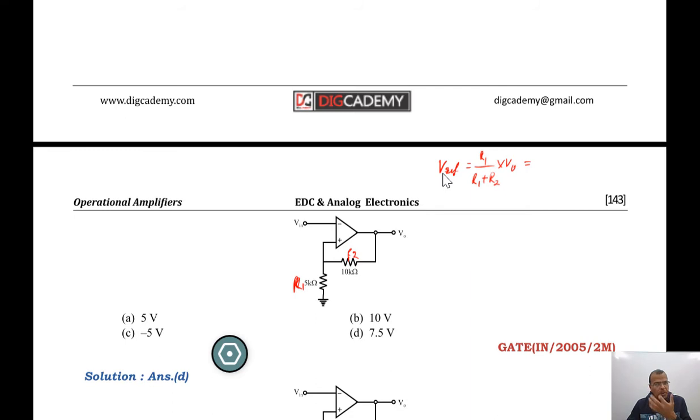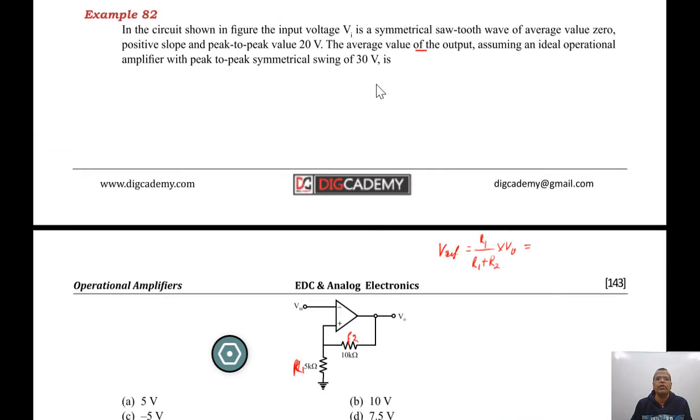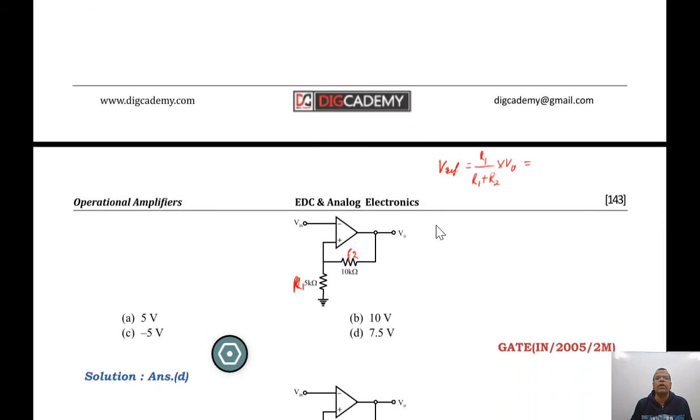Now the output is 30 volt peak to peak. It is given, so we are assuming that it is varying from minus 15 to plus 15. So the output of the circuit is a square wave with peak to peak 30 volt, means negative will be minus 15 and positive will be plus 15 volt.